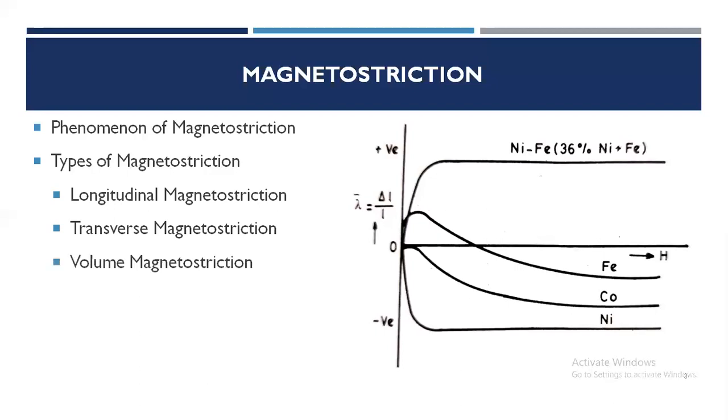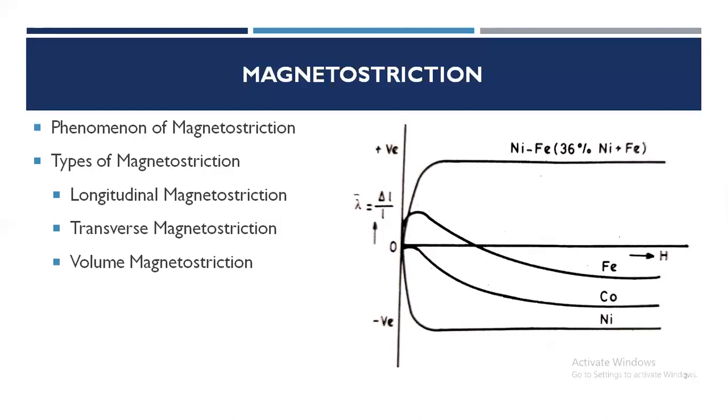And third, volume magnetostriction. Simply, it is the change in volume resulting from the above two effects, longitudinal and transverse. So these are the three types of magnetostriction.